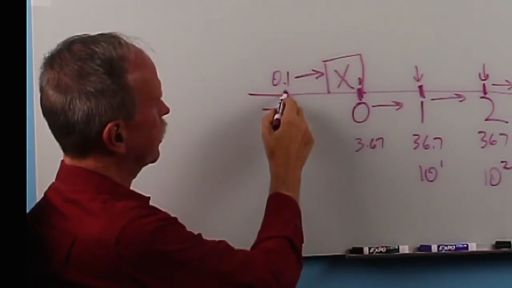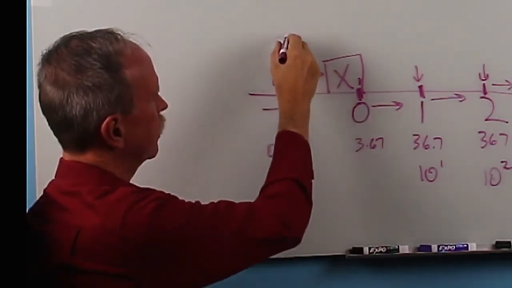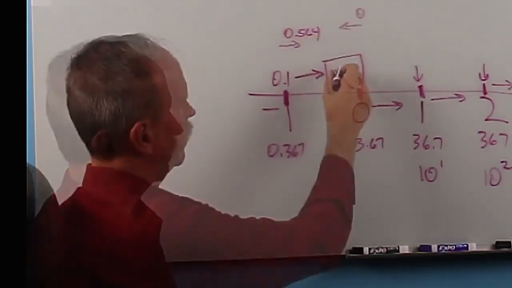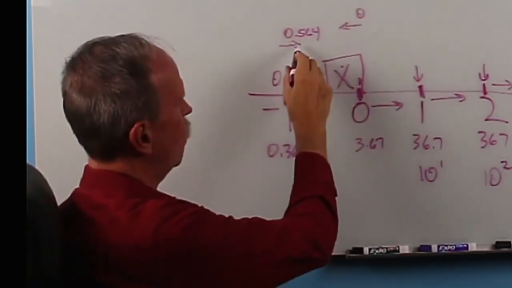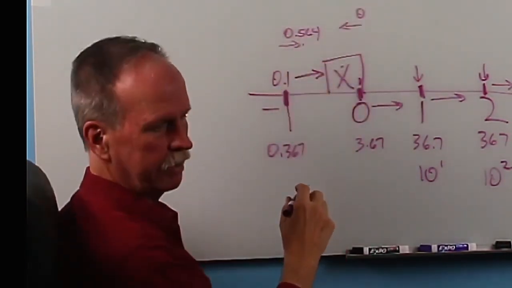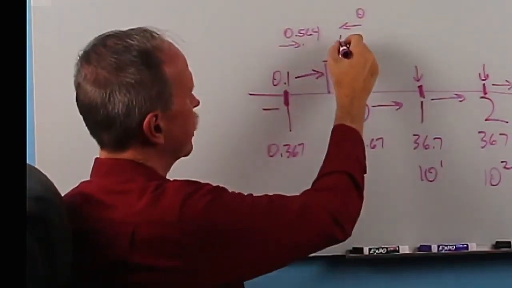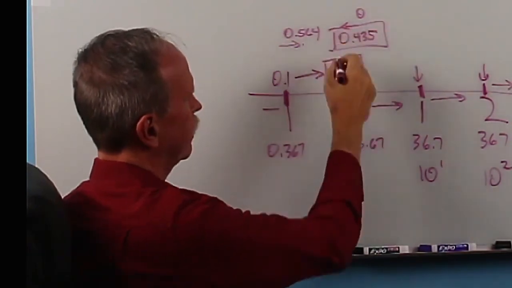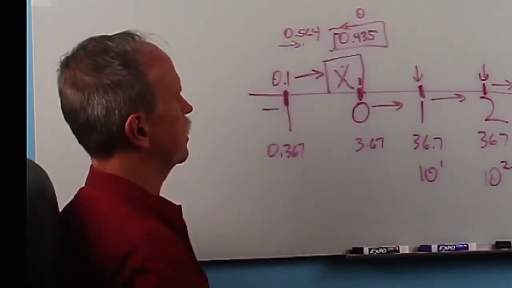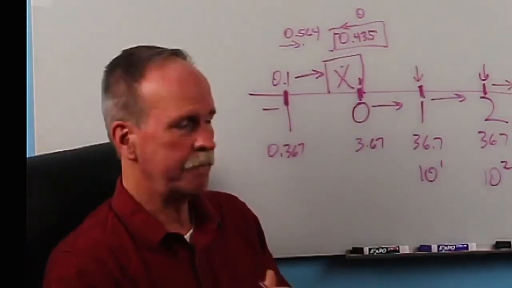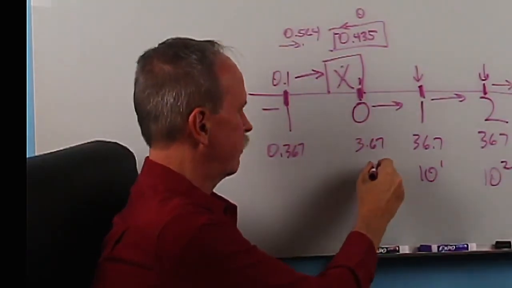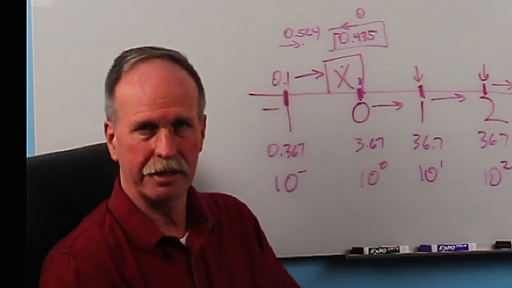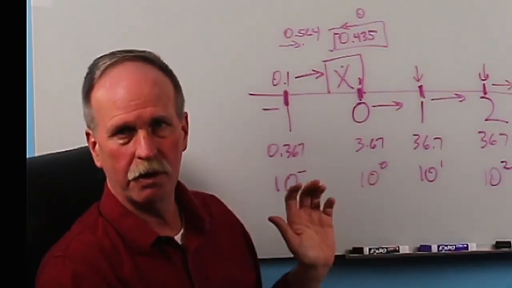So if we started at this point and move forward 0.564, in order to get this number, we have to take 1 and subtract that number from it. And as a result, we get 0.435. And that is the correct answer. And we have a minus in front of it.